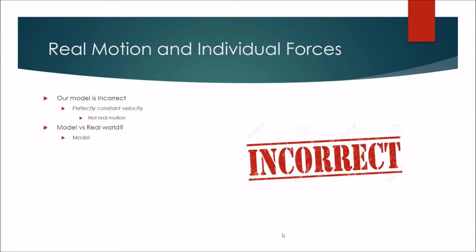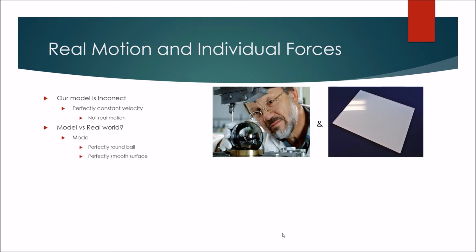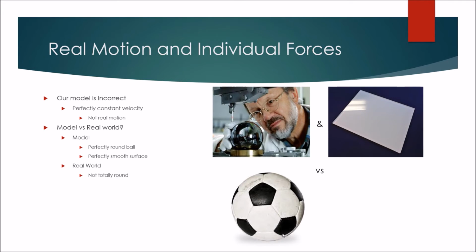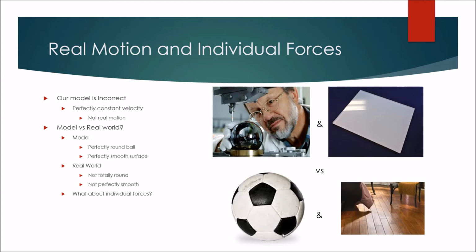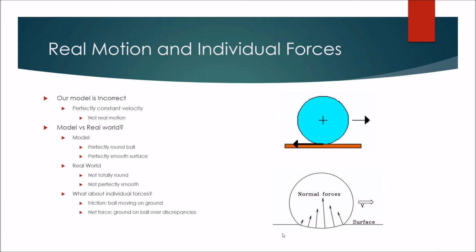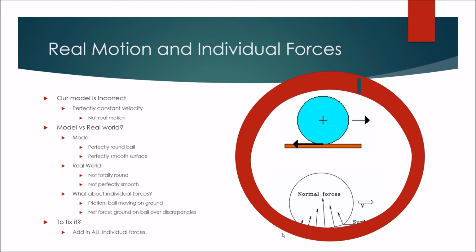The model describes a perfectly round ball moving over a perfectly smooth surface, but in the real world, our ball is not perfectly round, nor is the surface perfectly smooth, and friction between the ground and the ball, as well as normal forces acting upon the ball in the x direction at ground deformities, cause F net to not truly be 0. For our model to actually describe the ball's real motion, we would have to take into consideration all of the individual forces acting on the ball at different points when creating our model.